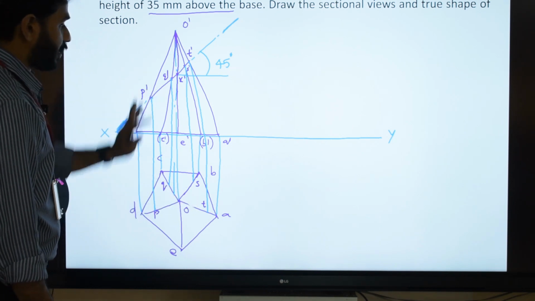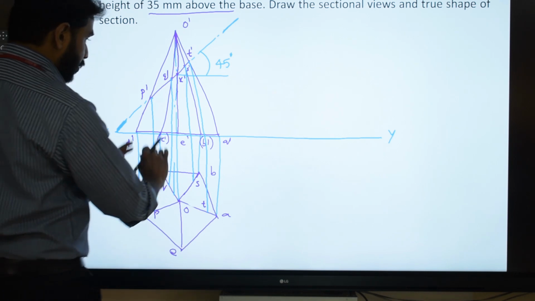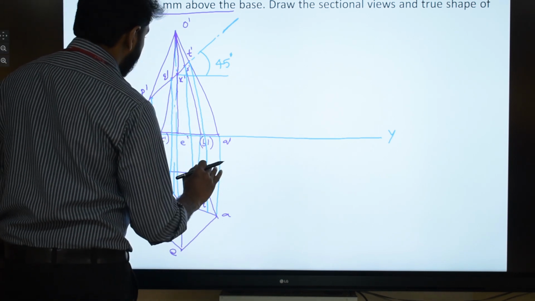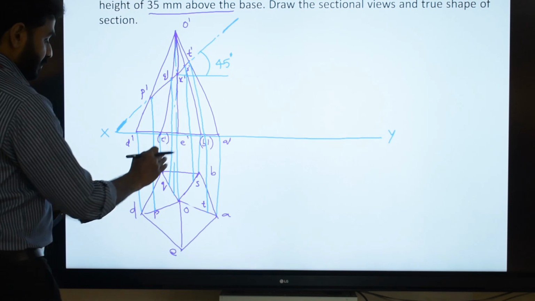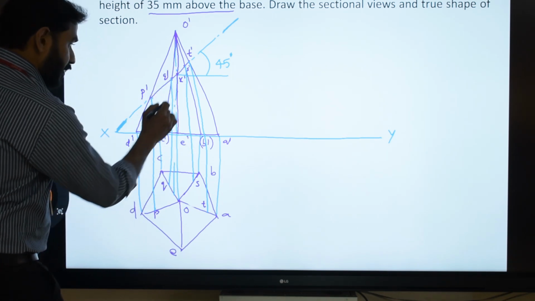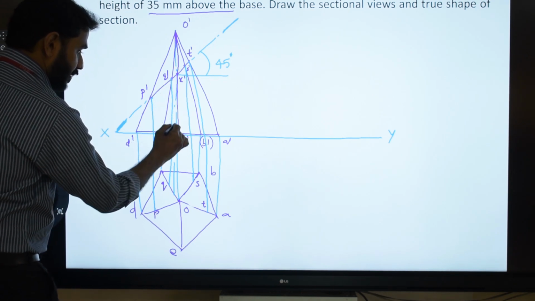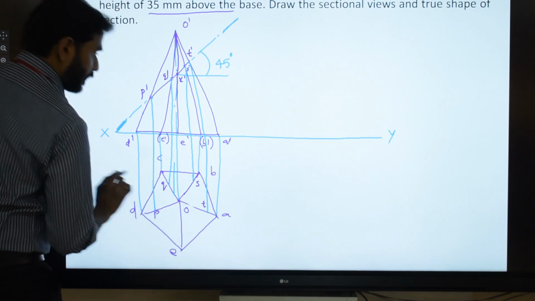There is one more cut point remaining, which is R dash. Now if you try to locate the top view of R dash, just as in the previous cases, you will not be able to locate it exactly, because when you draw a projector through R dash, you can see that it will just pass through OE.